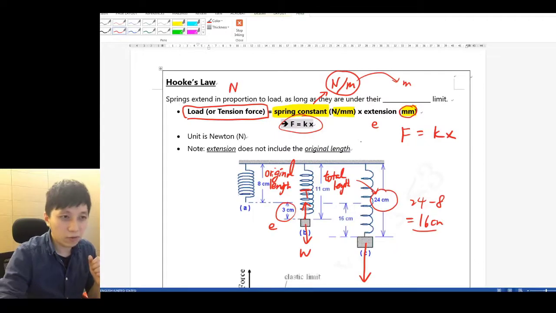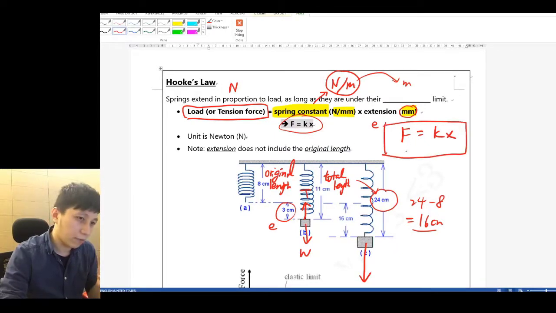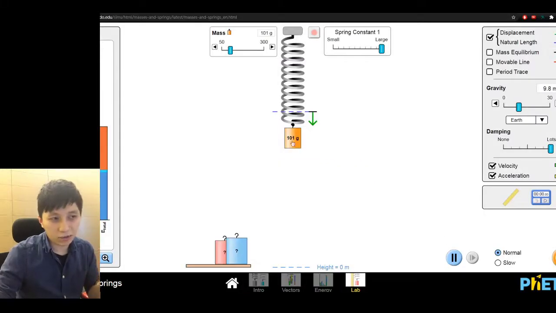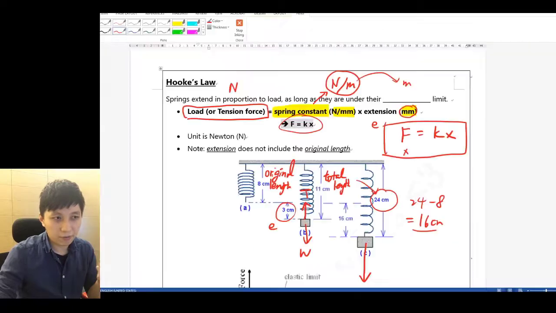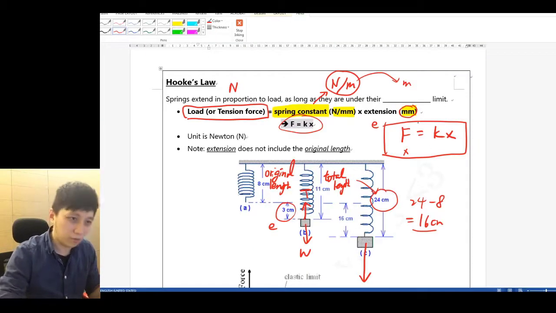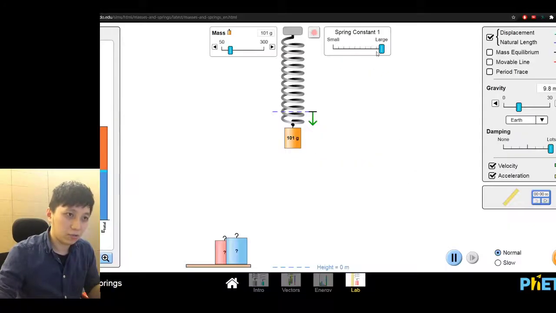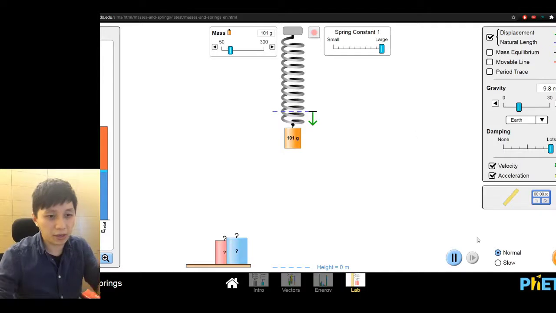So think about this equation, then we will have the force to be constant because we did not change the mass itself, and that means we did not change the weight and did not change the force. But then if we increase the K, because we simply change to large here, right, which makes it thicker.